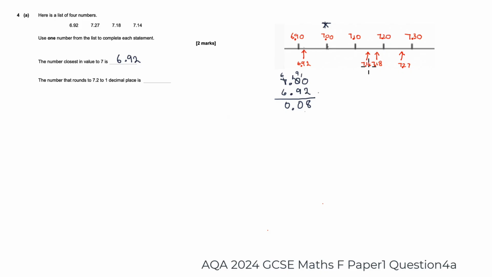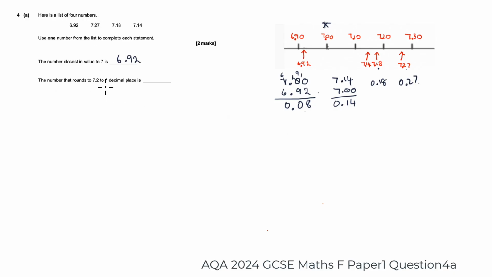And if we took 7 from 7.14 to find the difference between these two, that would give us 0.14. Likewise, to this it would be 0.18, and to this it would be 0.27. And the smallest of these differences is this 0.08, which confirms that it's 6.92 that's closest to 7.